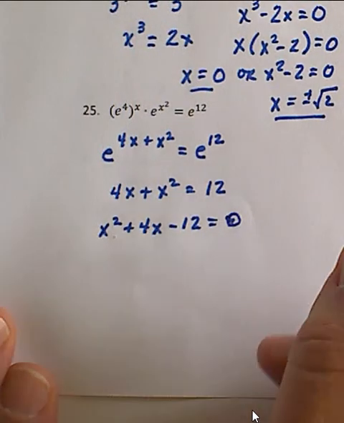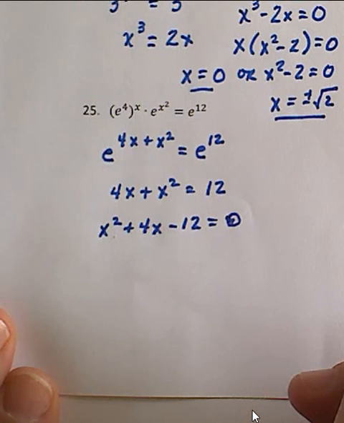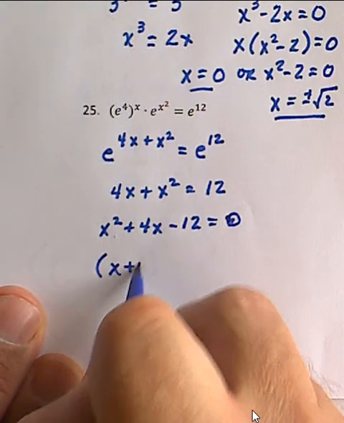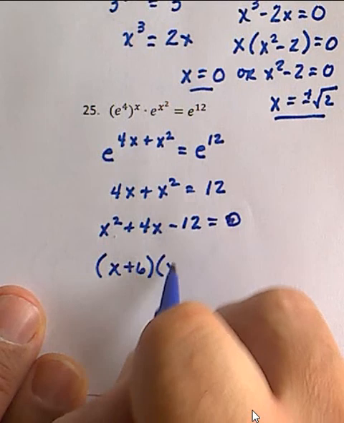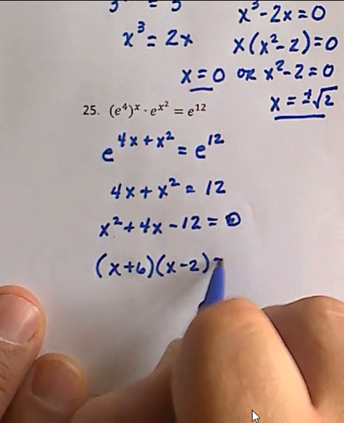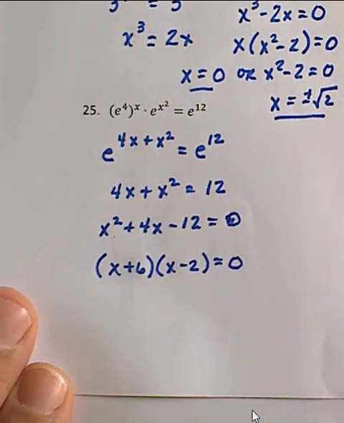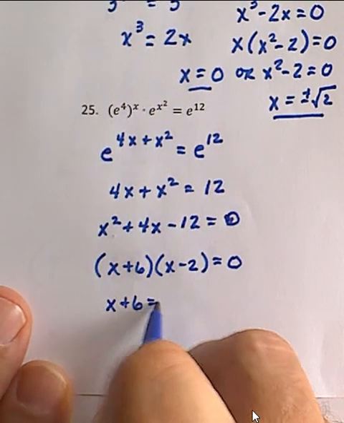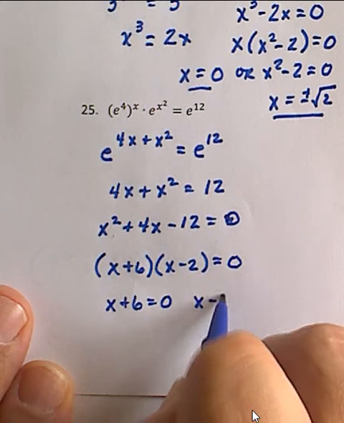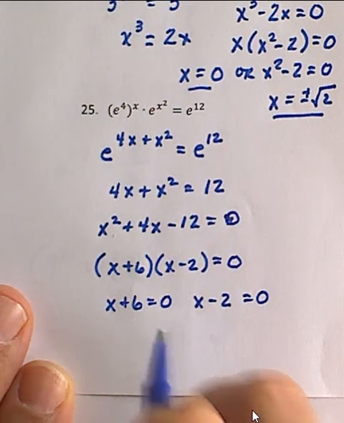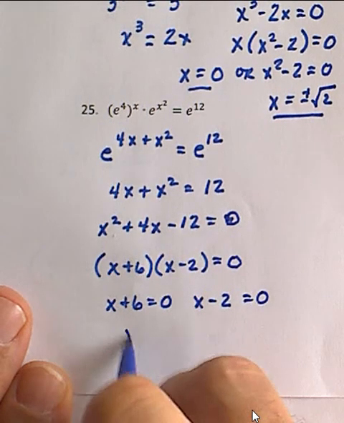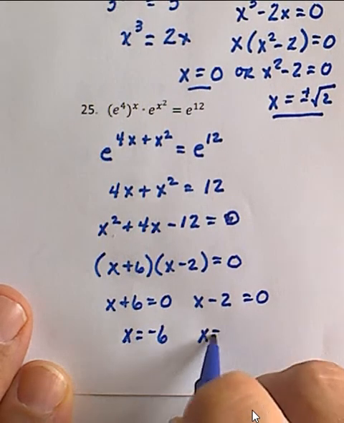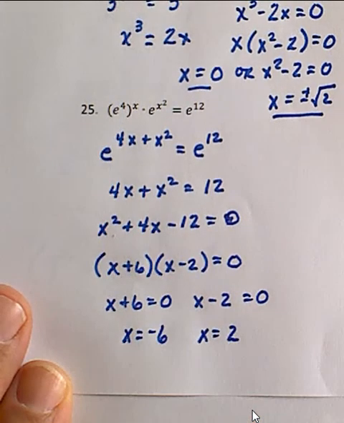The factors of negative 12 that add to 4 would be 6 and negative 2. Use your zero product rule, set each equal to 0. Subtract the 6 over, add the 2 over. And there are your 2 answers there.